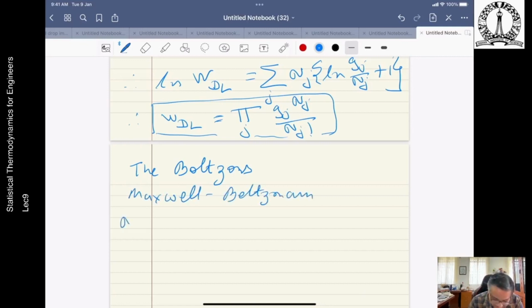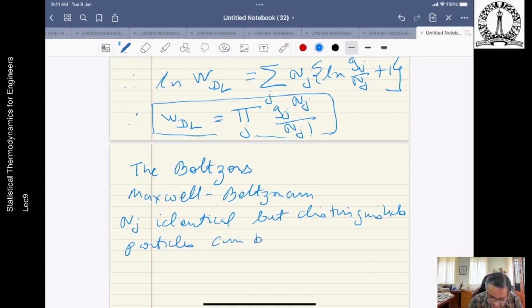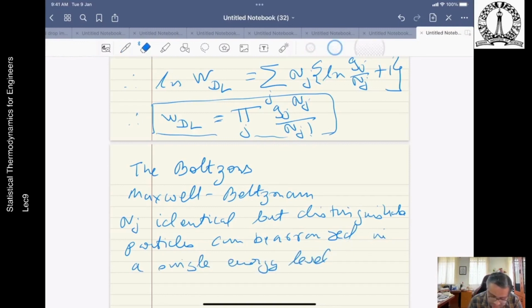Nj identical but distinguishable particles can be arranged in a single energy level Ej along Gj energy states.